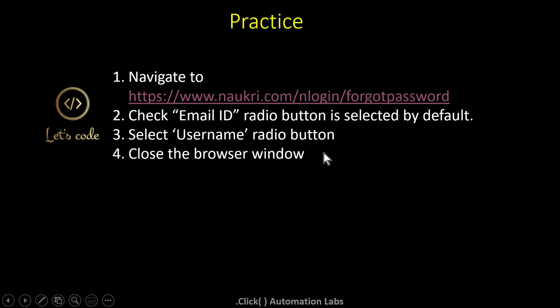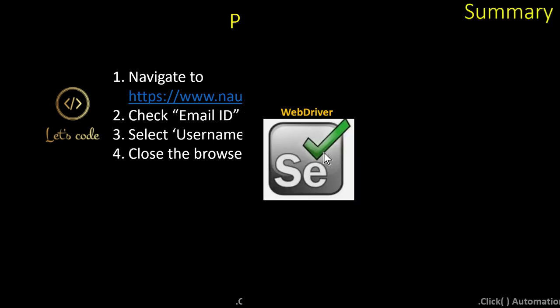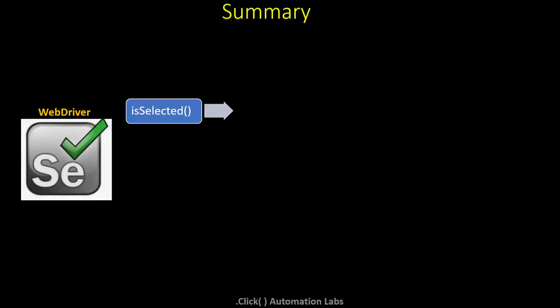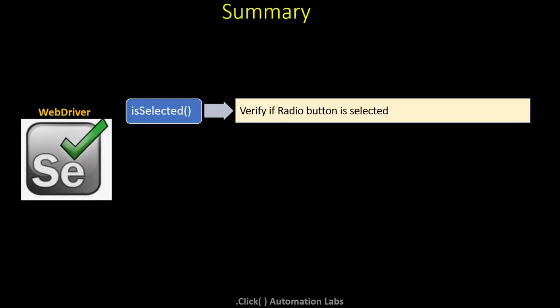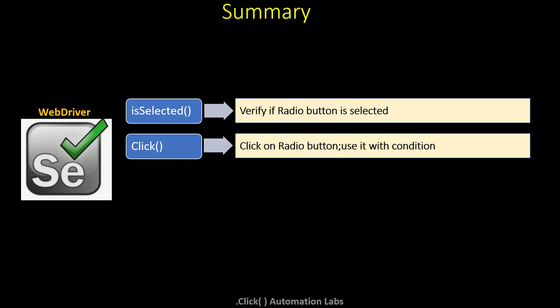So I hope you got whatever I explained in this class. Just to recap, to give a summary: we looked at isSelected to verify if the radio button is selected or not. Dot click can be used to click on radio buttons with some condition.